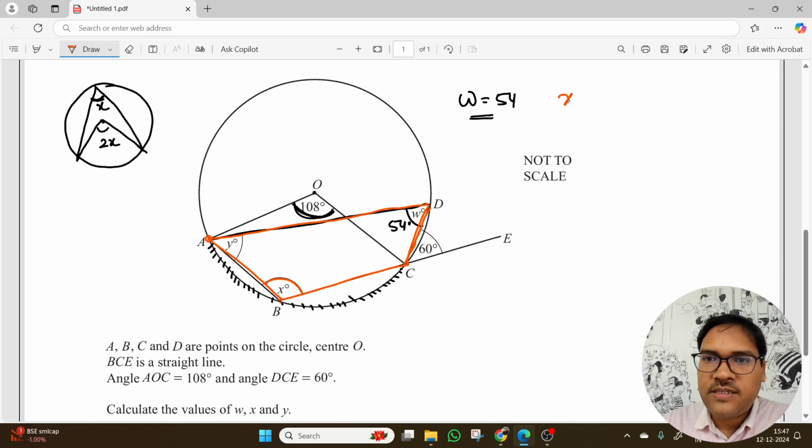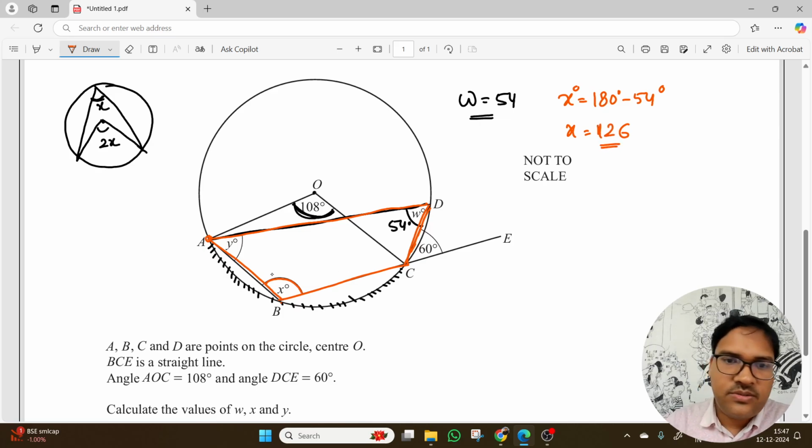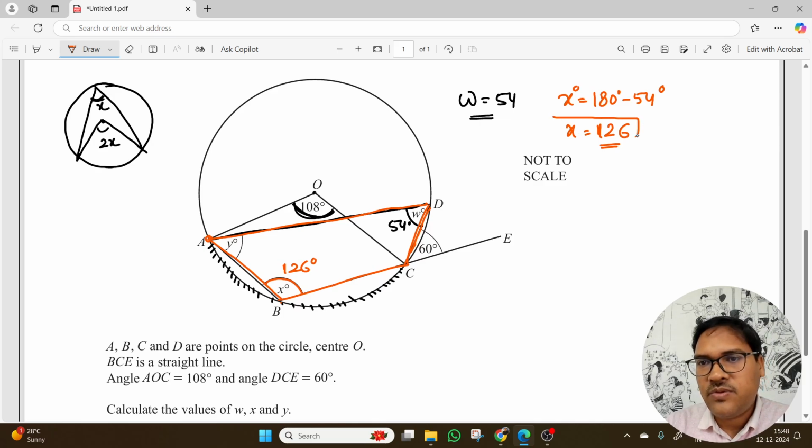So x will be equal to 180 degrees minus 54 degrees, which is 126 degrees. So x is equal to 126.